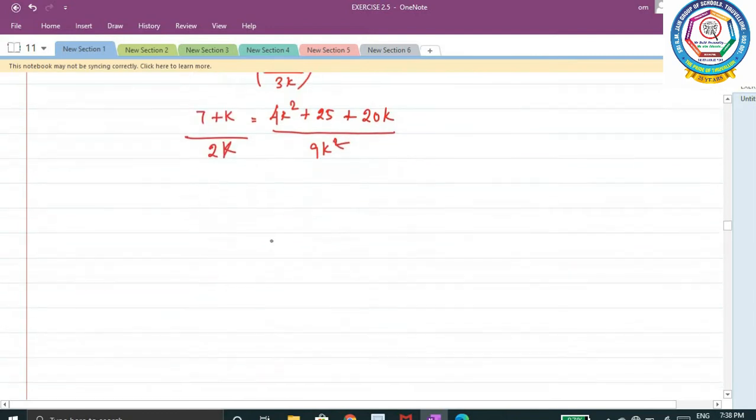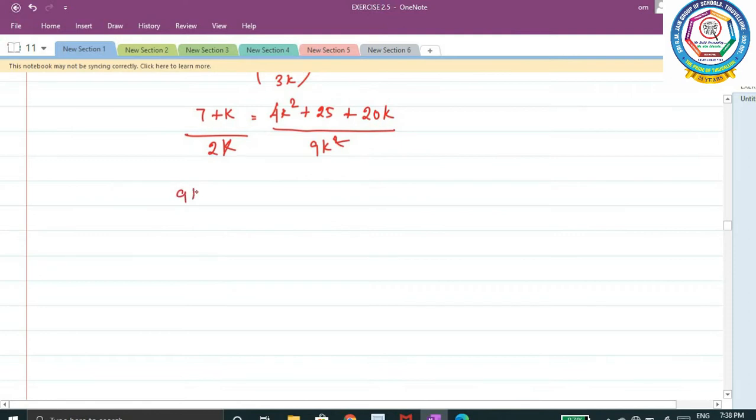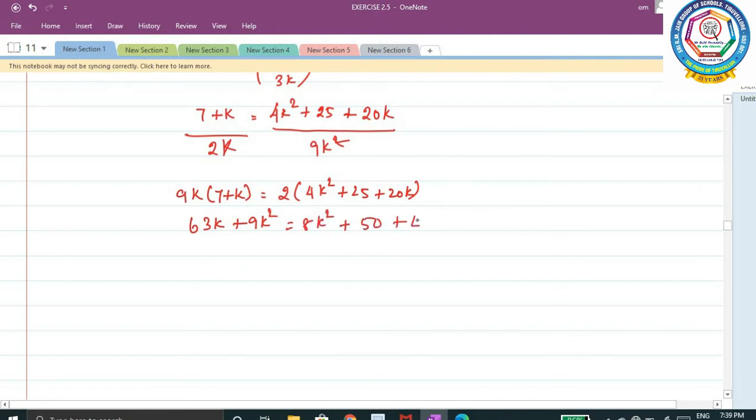Then we have to cross multiply. 9k into (7 plus k) equals 2 into (4k square plus 25 plus 20k). Then we have to take the 9k inside. 9 into 7 is 63k plus 9k square, equals 8k square plus 50 plus 40k.